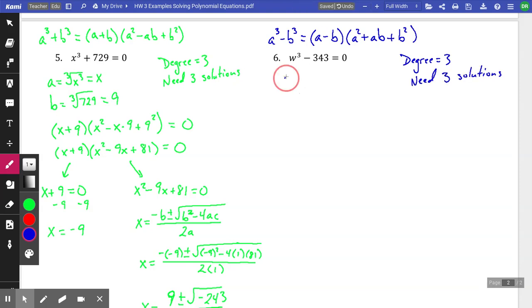Okay, so to find the a and the b values, remember a is the cube root of your first term. So the cube root of w cubed here is w, and b is the cube root of your second term. So cube root of 343, which is 7.